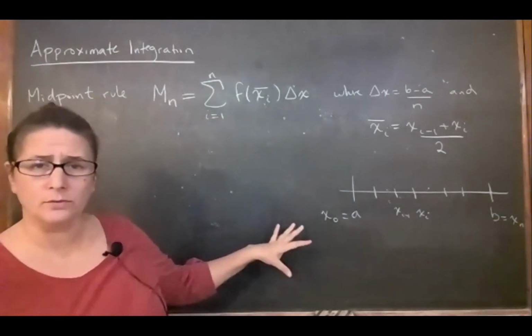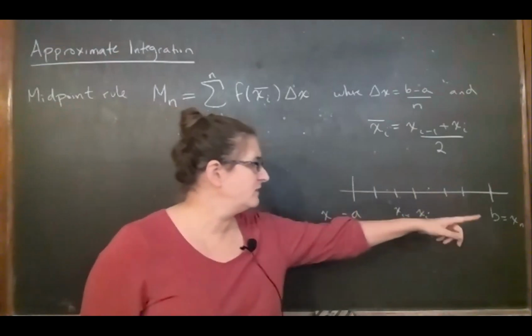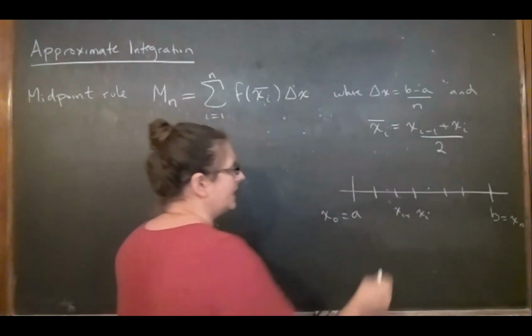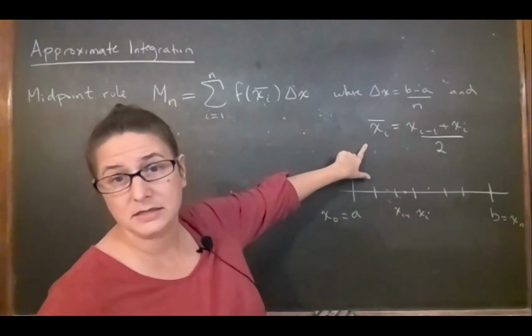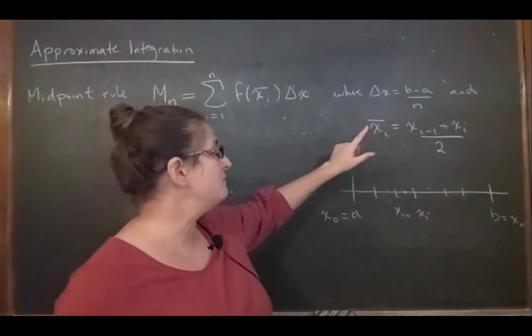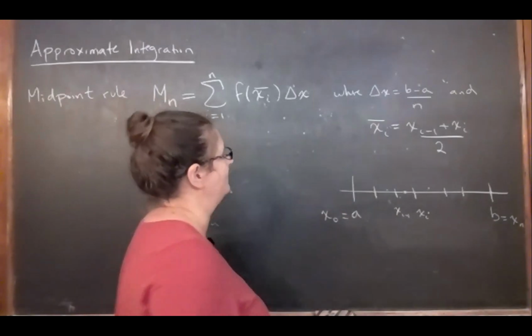So for our midpoint rule, we've divided into n intervals, and then we need to find the midpoint of each of those intervals. That's this x_i bar, and then evaluate our function at those points.